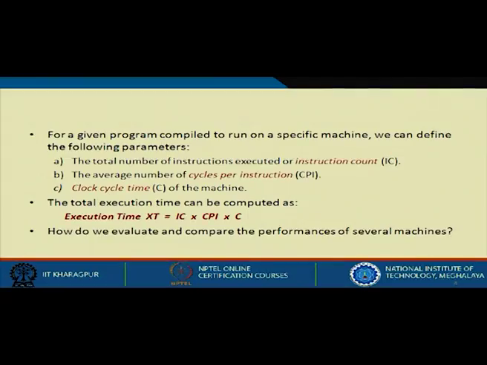The execution time is the number of instructions multiplied by the CPI, multiplied by the clock period. You multiply all these things and you will get the execution time, XT.